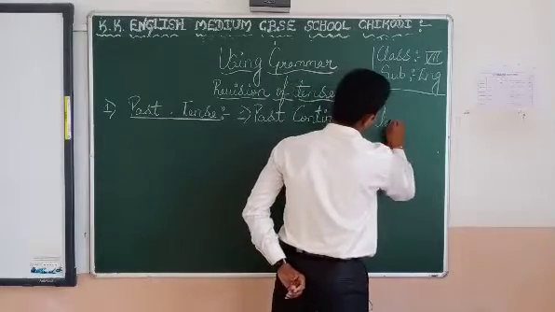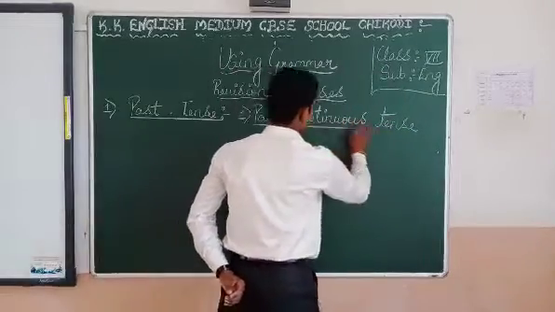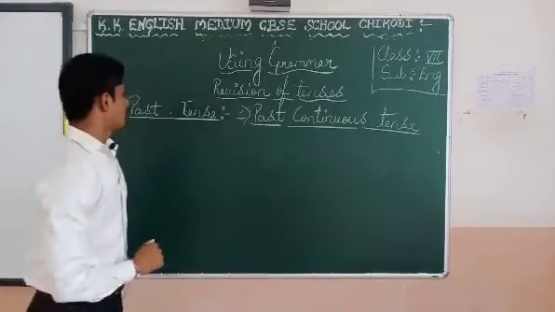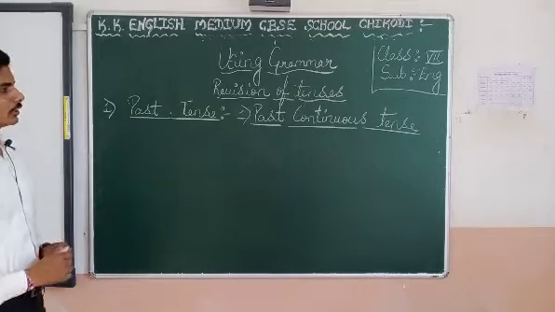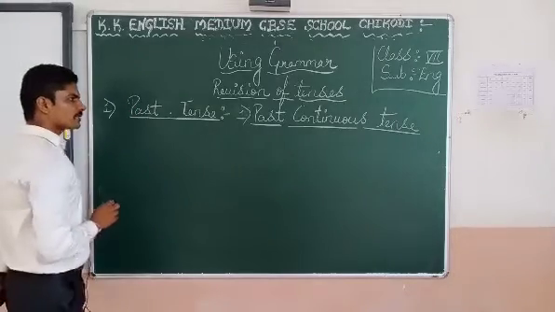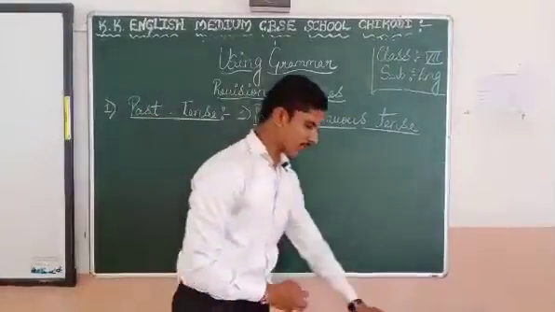So this is another form of the verb, past. Another form of the verb, it is past continuous tense. So what is past continuous tense? What do you mean by past continuous tense?